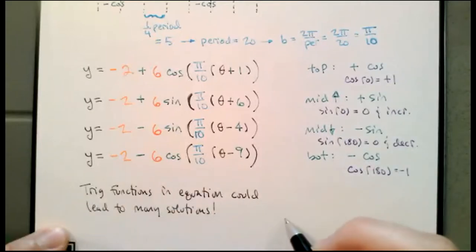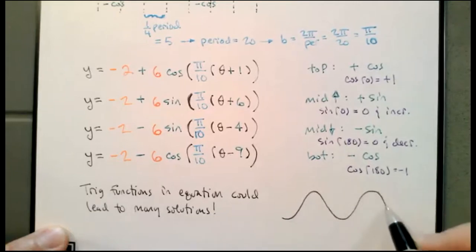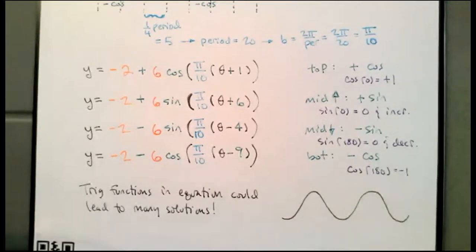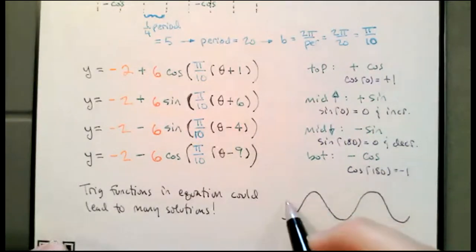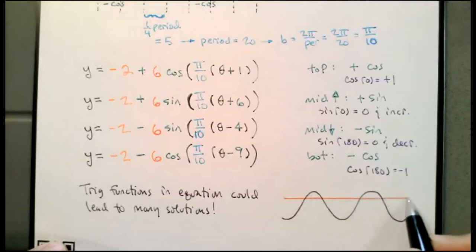So if I've got a sinusoidal function, and I want to say, let's say sine of x is equal to some constant. Remember that if we think in terms of the graphs, the solutions to an equation are going to be the points of intersection.